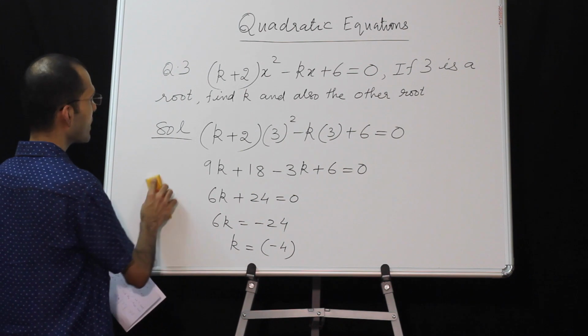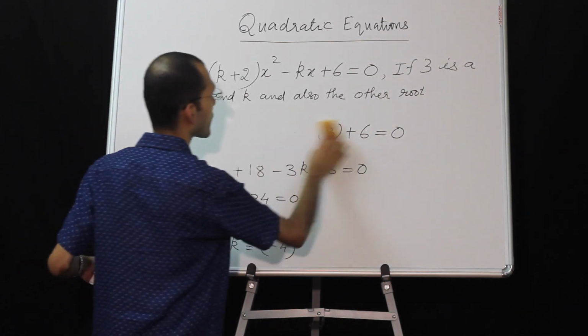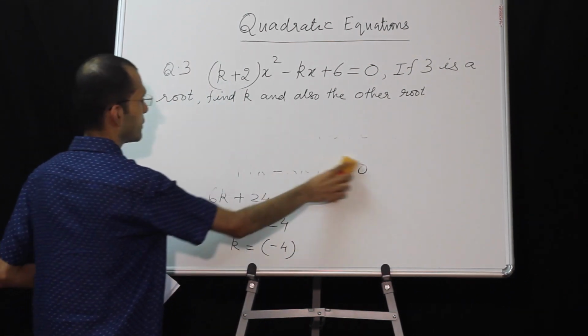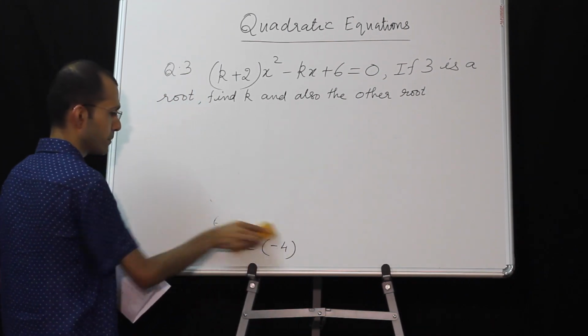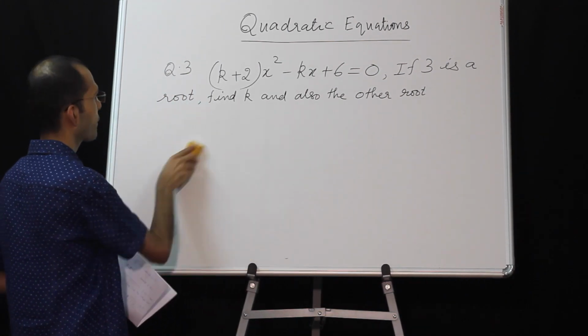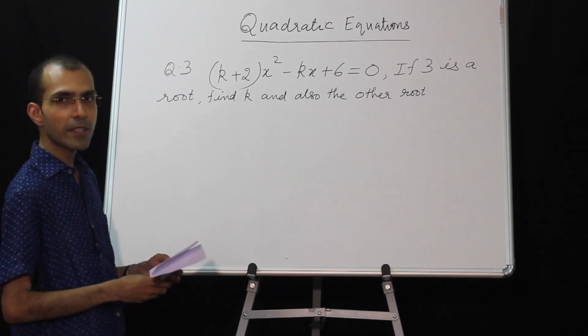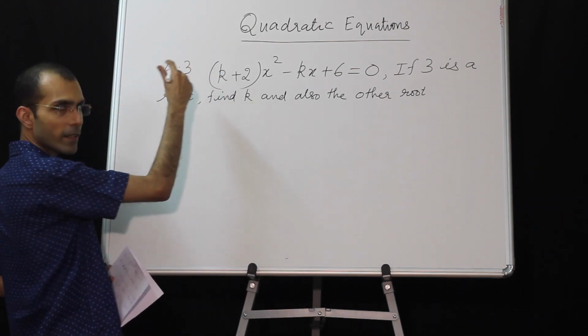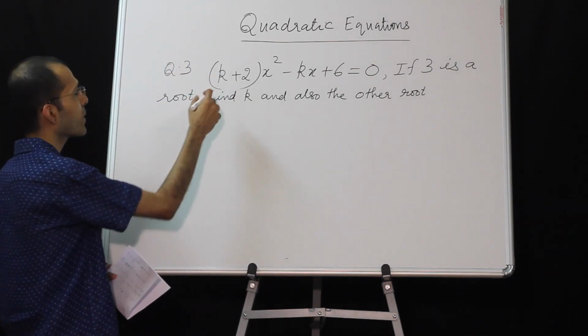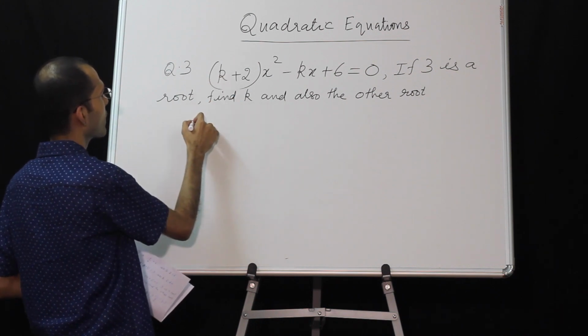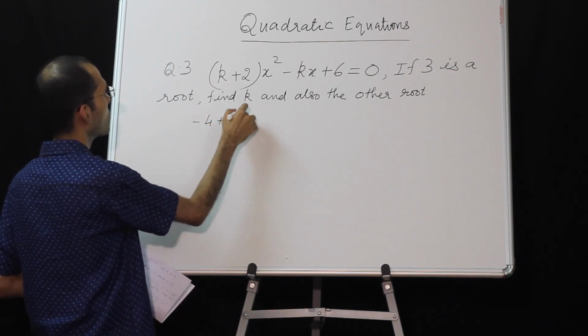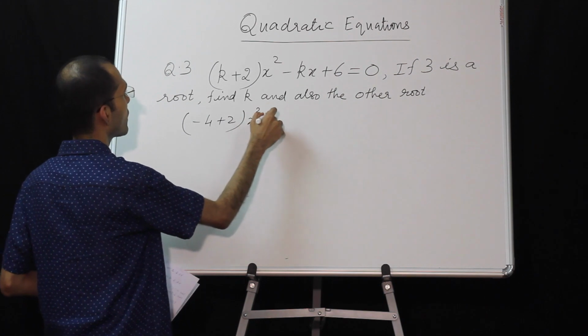So remember, k is now minus 4. So we will have to substitute k as minus 4 here to get the complete quadratic equation. So minus 4 plus 2 x square.